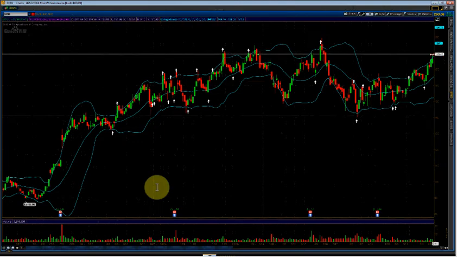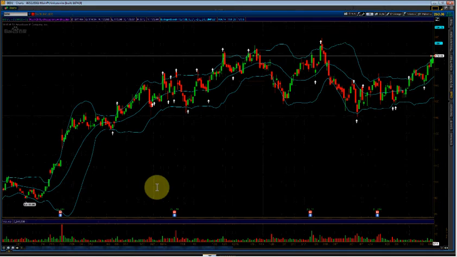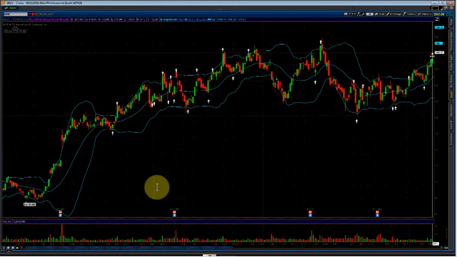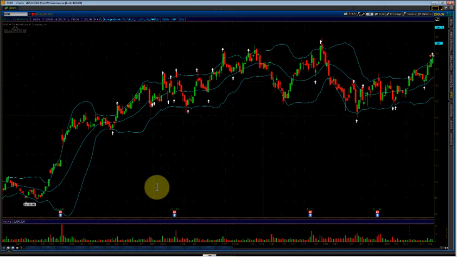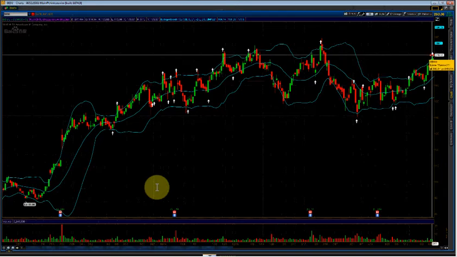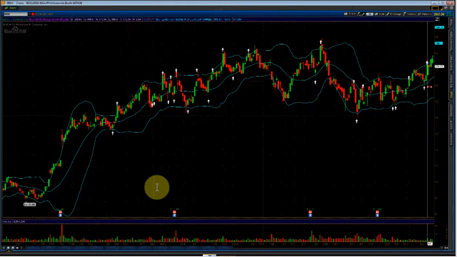Now, would I have sold this here? I want you to look at it. Would I have sold this up here? On this day, right where that arrow is, where that wick went up above that upper band, I actually would have sold it like 3 days before, right there, this day.